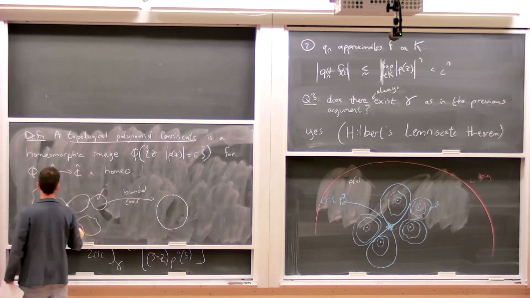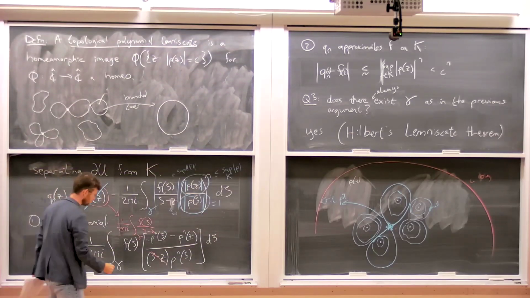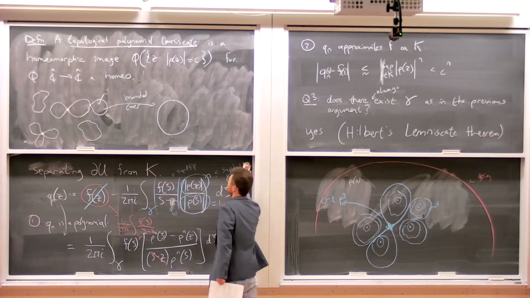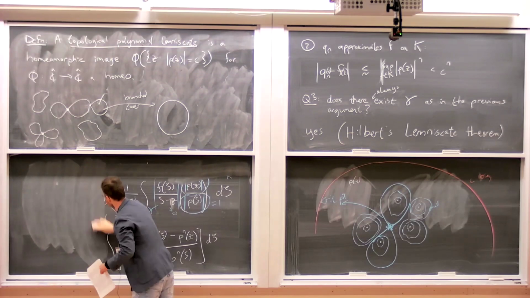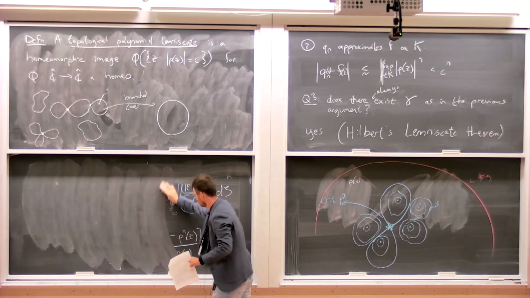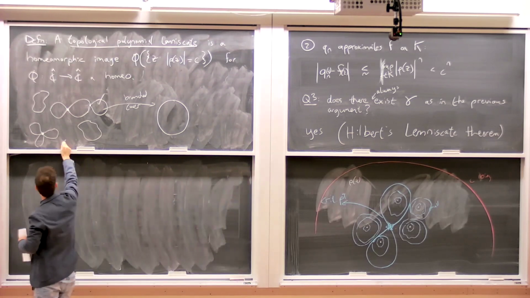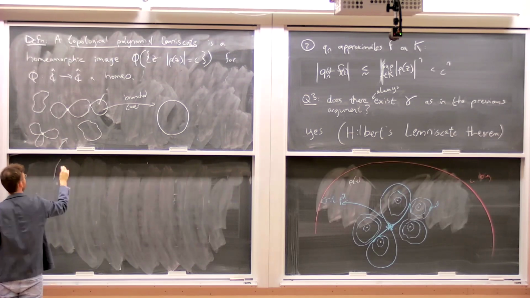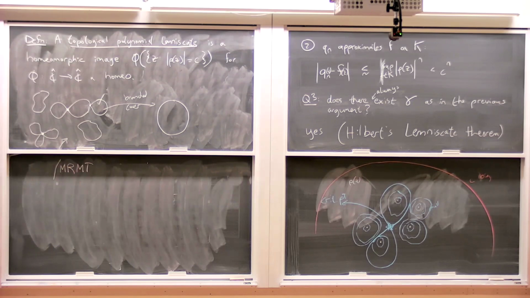Then when you straighten the picture using the measurable Riemann mapping theorem, abbreviated MRMT, you get a picture which is homeomorphic to your original one.